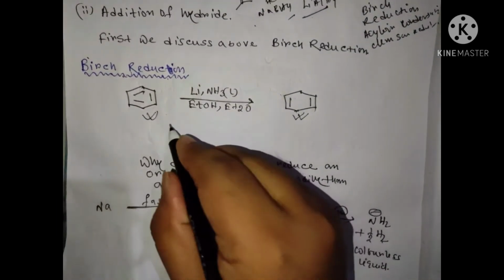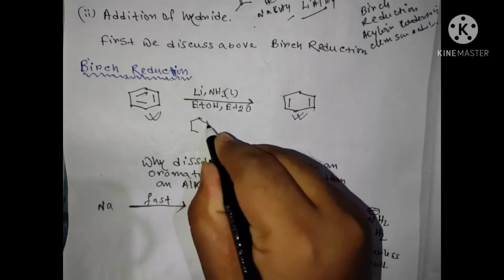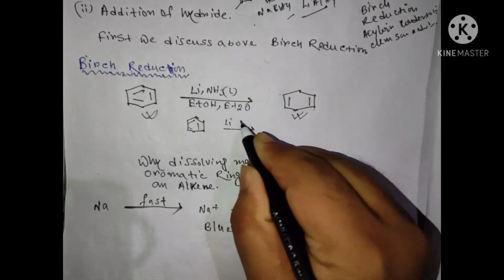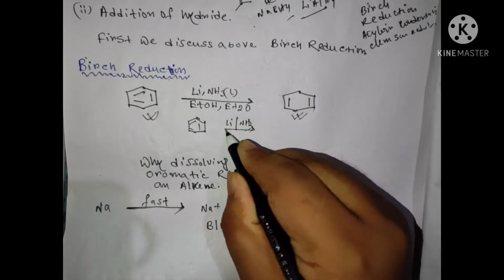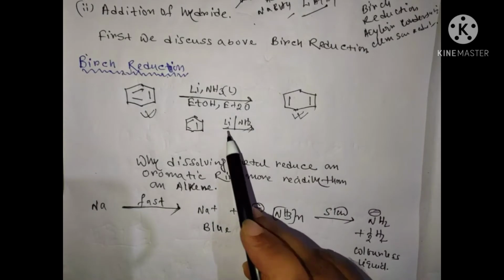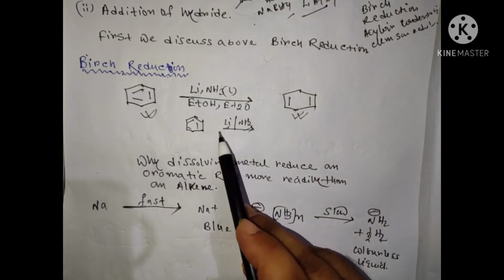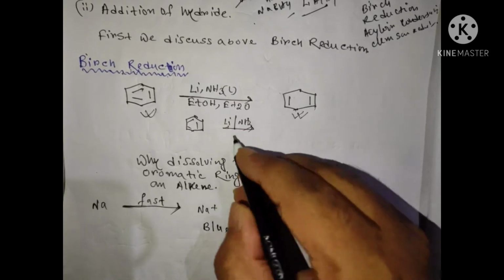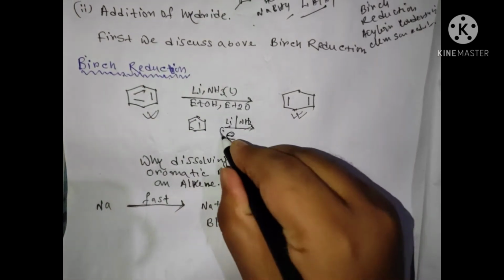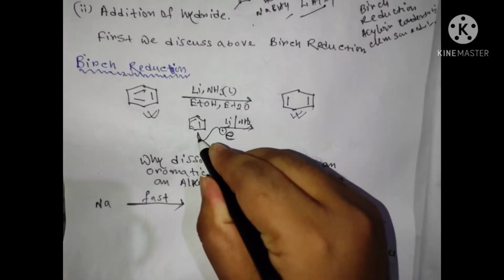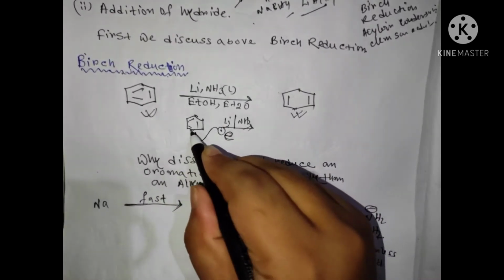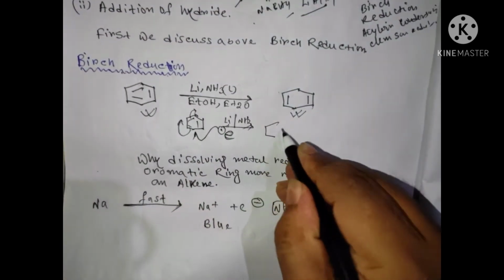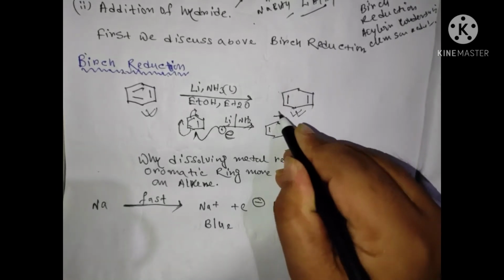One mechanism we can write: this is benzene, and here is lithium and ammonia. This is a group 1 metal. We generally use lithium and sodium, group 1 metals, which can easily remove their outermost electron. That outermost electron acts as a reducing agent, and it can attack this way, and we get this.